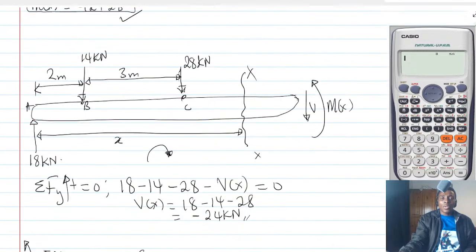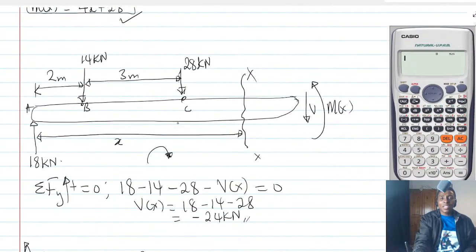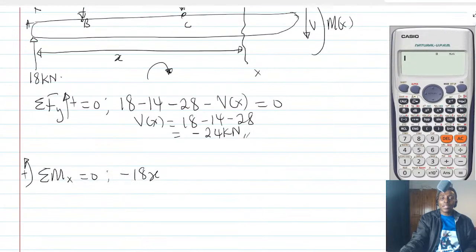Now, if this distance is x, from here all the way here is going to be x minus 2. So 14 times x minus 2. But then the moment is going to cause a rotation counterclockwise about this point. So plus 14 multiplied by x minus 2.